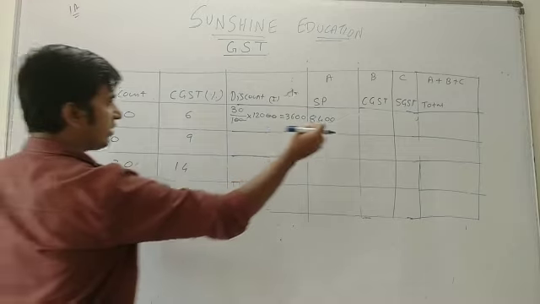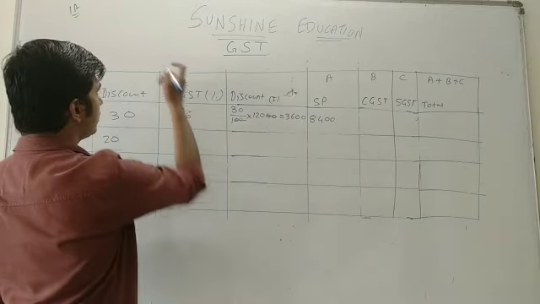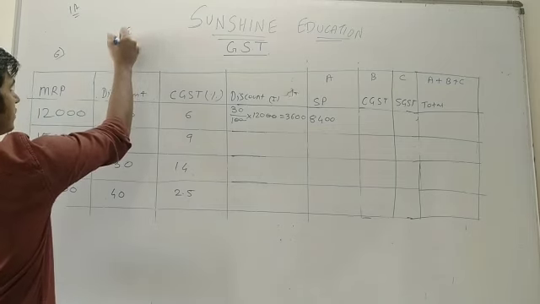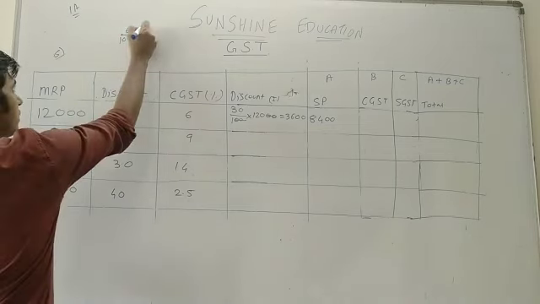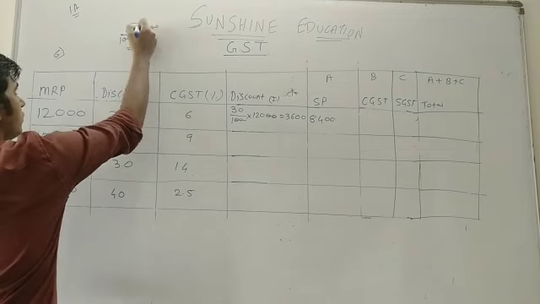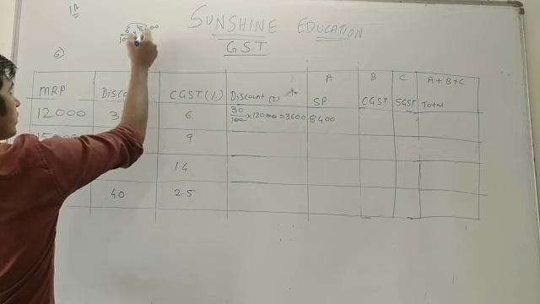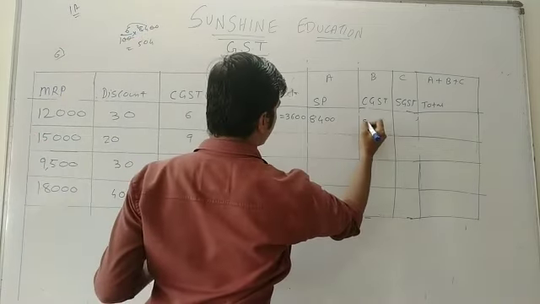So now can I find out the CGST? Because I have the CGST percentage. So 6%, 6 upon 100 multiplied by 8,400. So 0 0 cancel. 6 4s are 24. 2 6 8 are 48. 504. So it is 504.